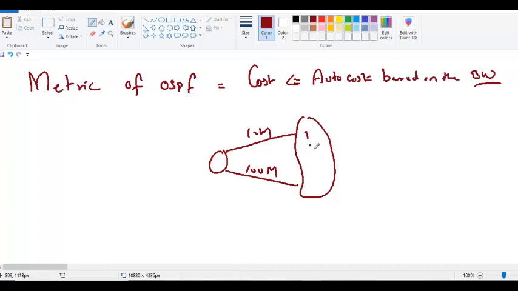Which one has got more bandwidth? Path 2 or path 1? Path 2. So OSPF will say this is the best path.